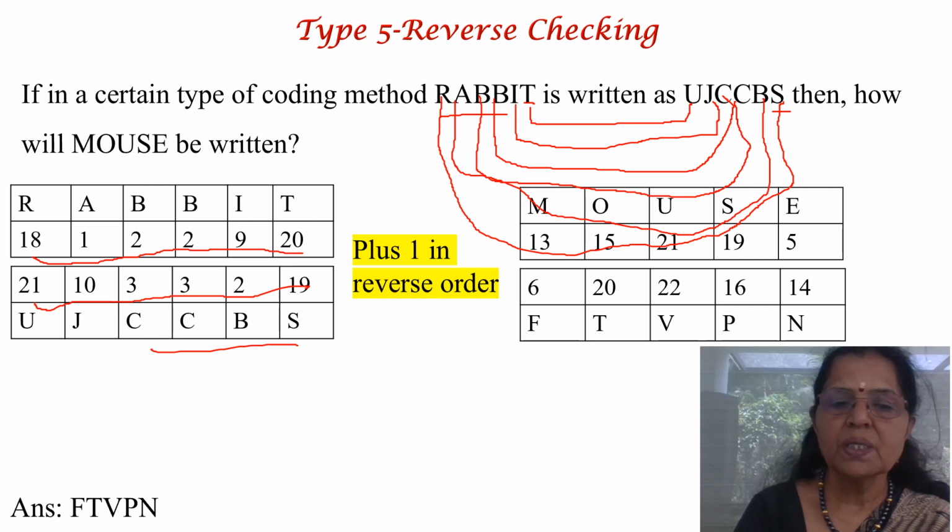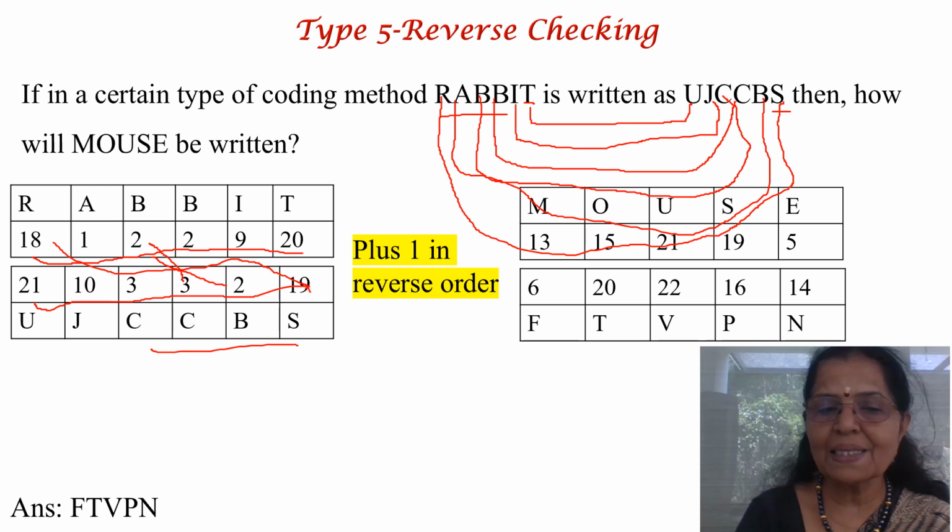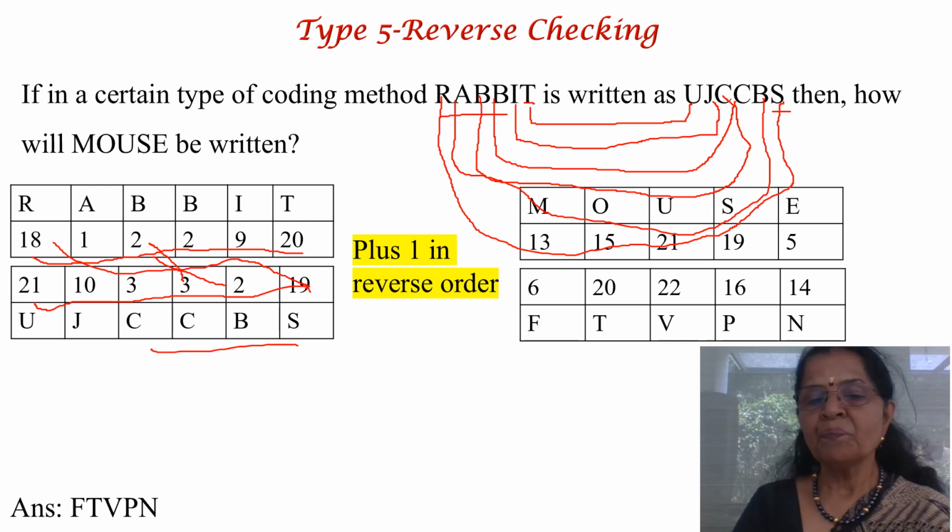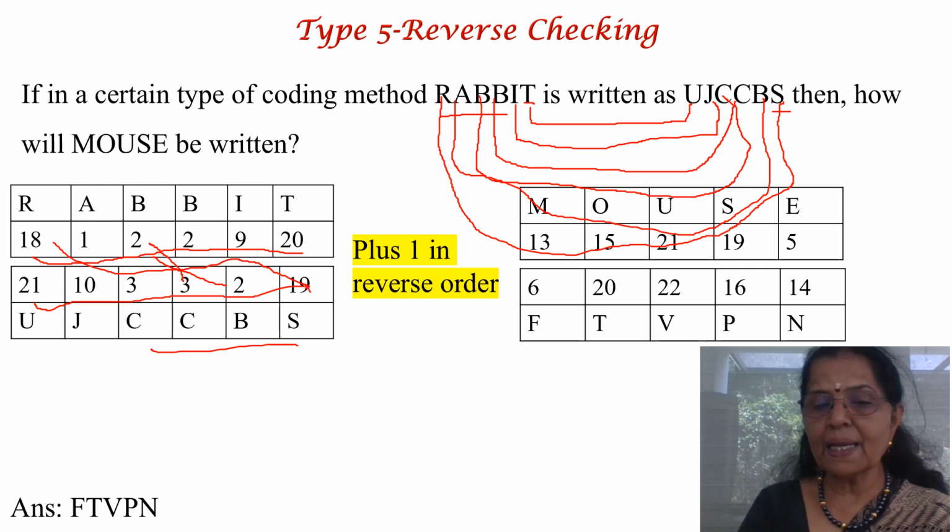So reverse. 20 becomes 21. 9 has become 10. And 2 has become 3. And the next 2 has become 3. And the 1 has become 2. And 18 has become 19. So plus 1. The pattern here is plus 1 in reverse order.